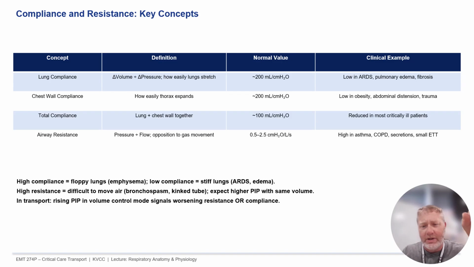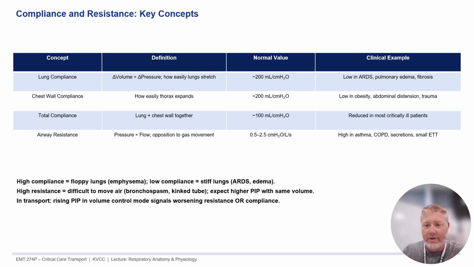I don't believe you'll ever need to do plateau pressure in the field, so I'll talk with Dan to see if he wants me to go over that in lab at all. But just so you're aware of the terminology, okay?